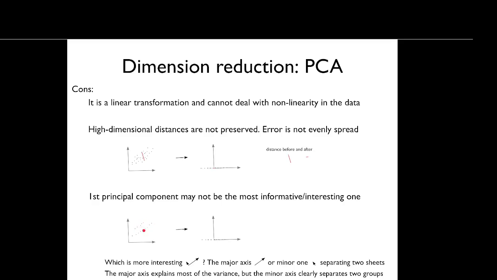Now, what is more interesting out of these 2 axes? The major axis that can explain all of the variance, or the minor one that was clearly separating 2 parts of the data? And in some cases, that second dimension will be the best one. However, this problem is easy to address.